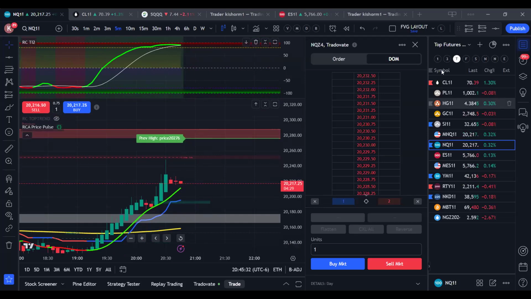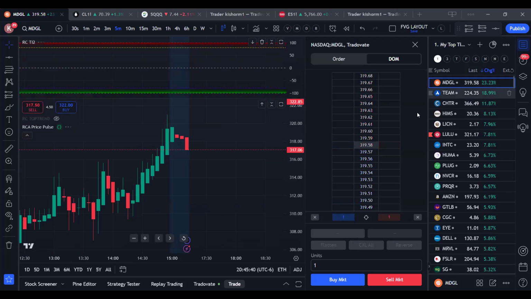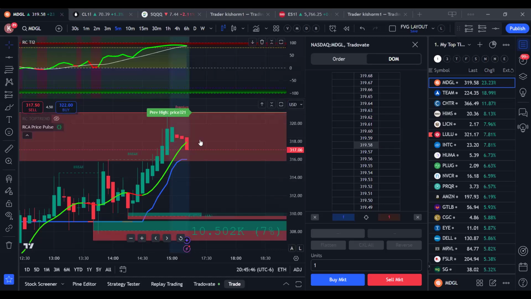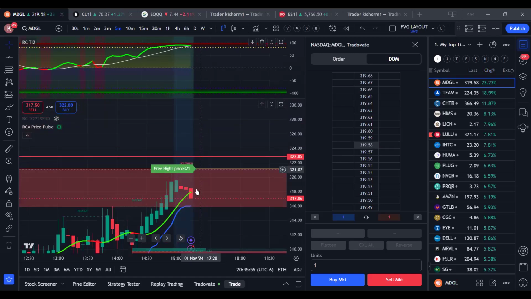For example, tomorrow you see some stock like, let us say, MDGL. It went all the way to 322 or something, so the previous day high is 321. They may take it all the way to 323, 324, and then they may bring it down.